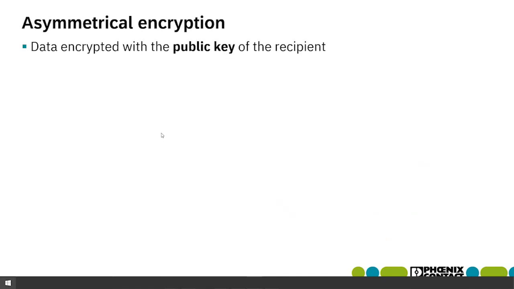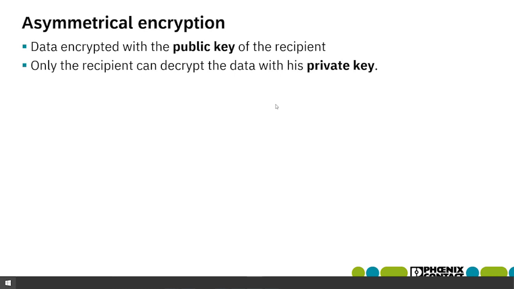On the other hand, we have asymmetrical encryption. In asymmetrical encryption, we work with a key pair, a pair of keys that are not independent. There's an algorithm that is used to create those keys. So we have a public key that is used for data encryption for the recipient. And only the recipient can decrypt the data with his private key. And the private key is something that you really keep private, that you never share.